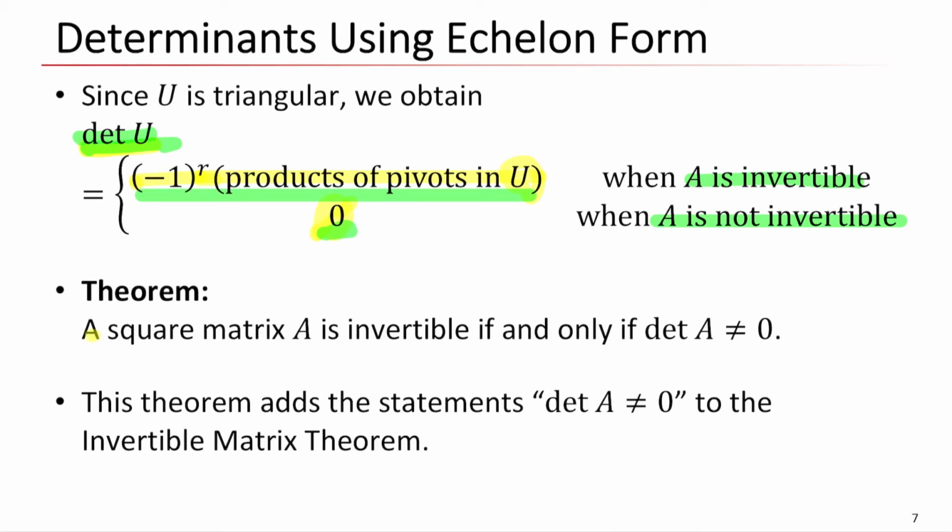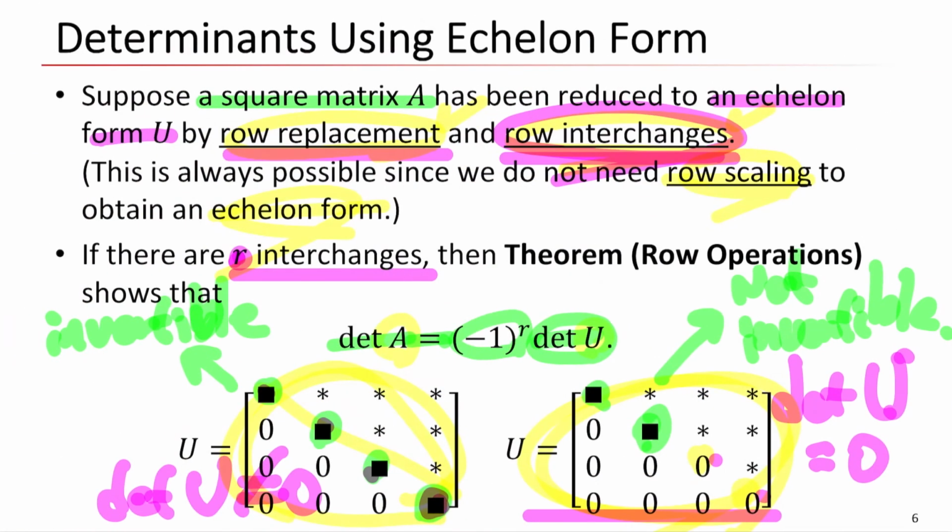Let's say a square matrix A is invertible if and only if determinant A is not equal to 0. Why? From here, right? If the determinant of matrix A is not equal to 0, then they have to have a pivot position on every row, so it means that it is an invertible matrix.